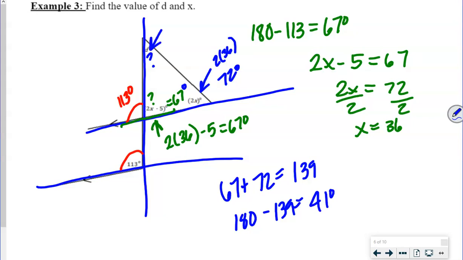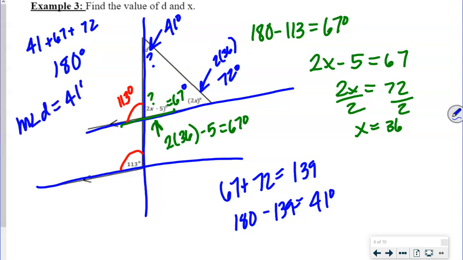So this angle right here is 41 degrees. Now you can check this by adding all three of these together. 41 plus 67 plus 72. When you add all those together, guess what you get? 180 degrees. And that's what you should get. So here, the measure of angle D was equal to 41 degrees. And X, that's what it asked us for, it was 36, okay?